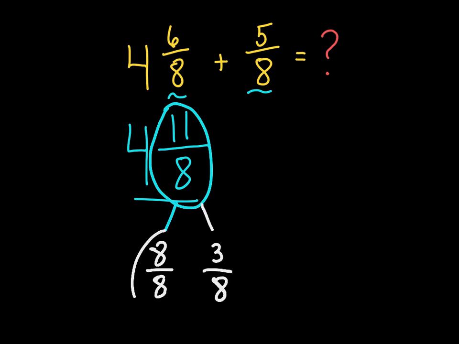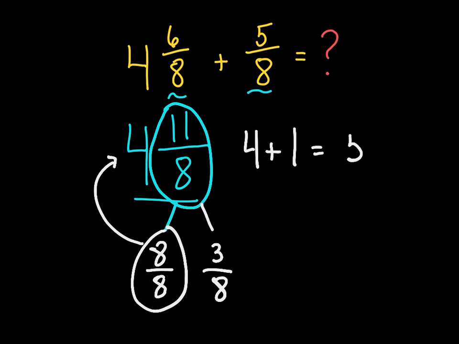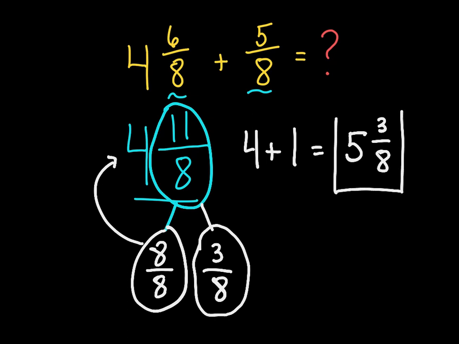So now we need to take this whole and add it to the whole that we started off with, which is 4. So 4 plus 1 is equal to 5. But don't forget our leftover fraction, which is 3 8ths. So 4 6/8 plus 5/8 is equal to 5 3/8. What helps us in here is pulling out that whole, and then figuring out what's left. But make sure you add it to the original whole number, which was 4.